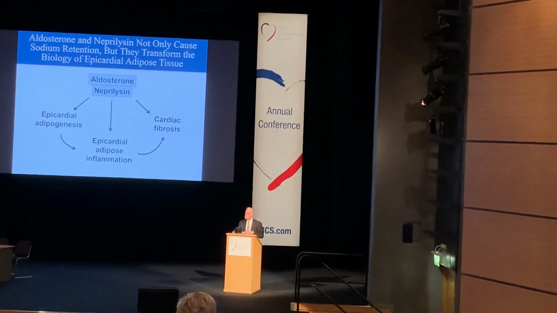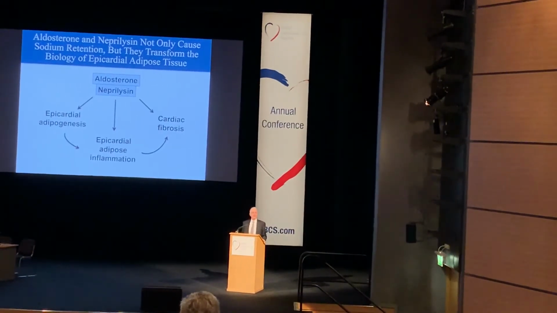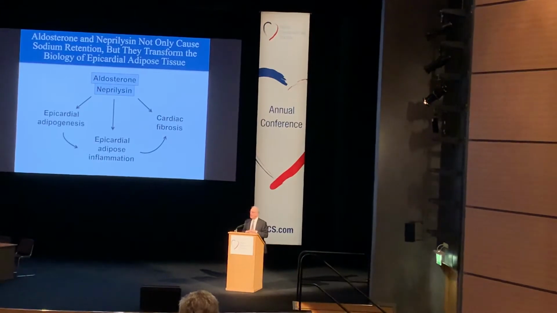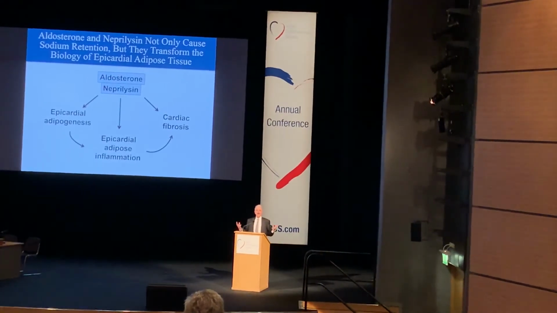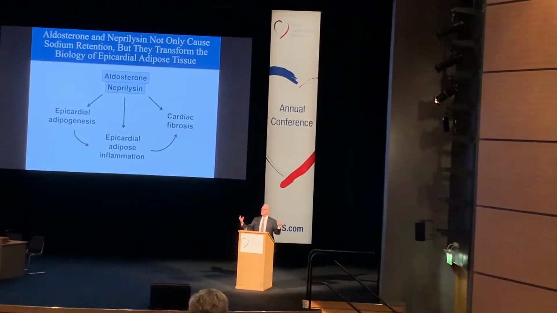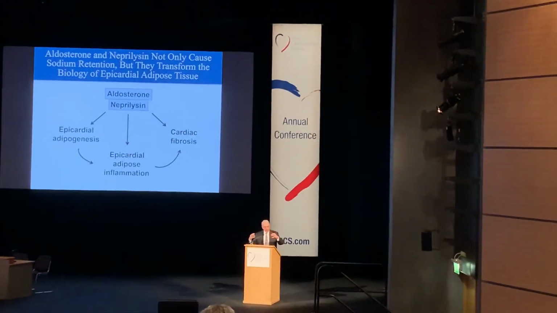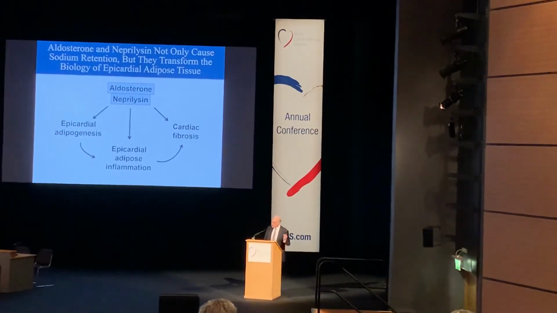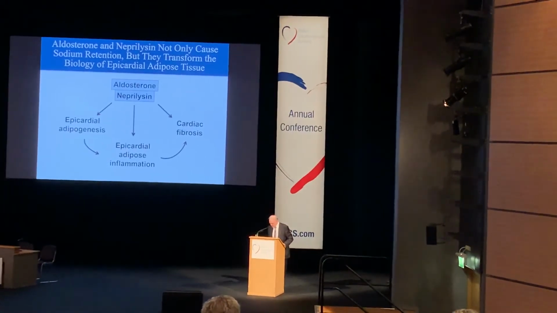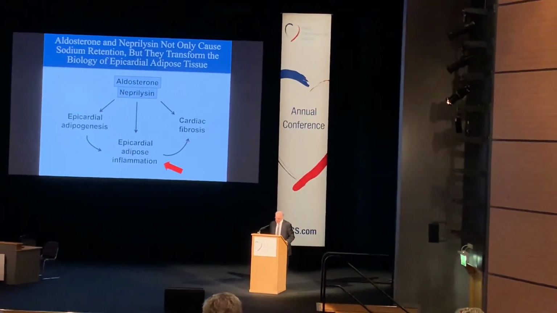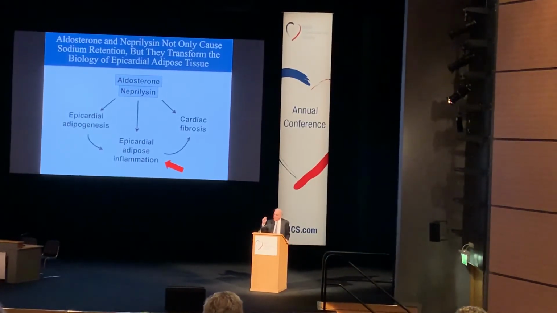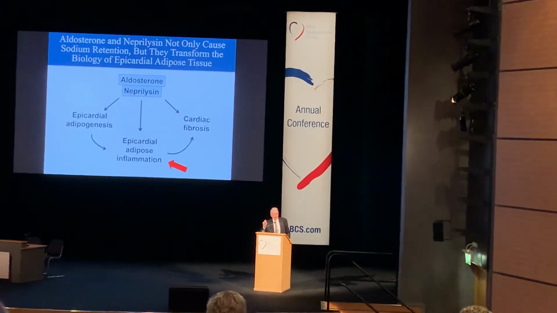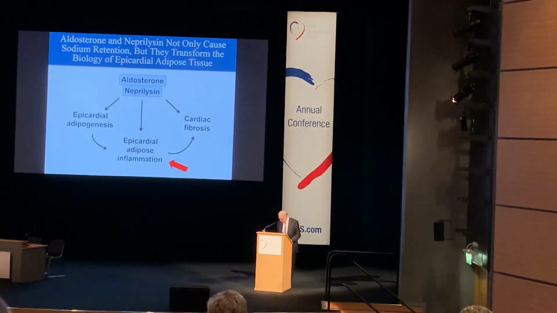So both of these working together are not just increased in obese individuals, they actually can transform the epicardium from a nurturing to a pro-inflammatory state. But I want to really hone in on what it is that the epicardium makes that hurts the heart.